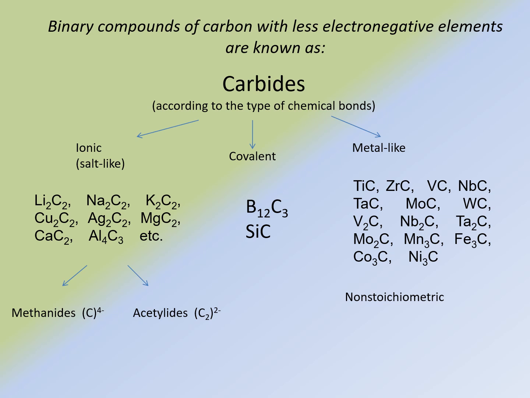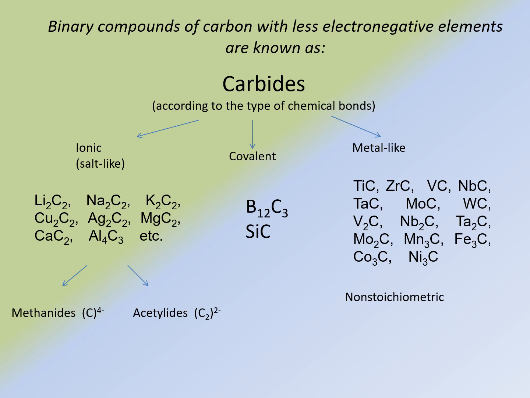And even this group can be subdivided into different classes, including methanides and acetylides. So methanides in the reaction with water release mostly methane, while acetylides in the same reaction release mostly H2C2, that is acetylene. They have different crystal structures and even oxidation states of carbon atoms.